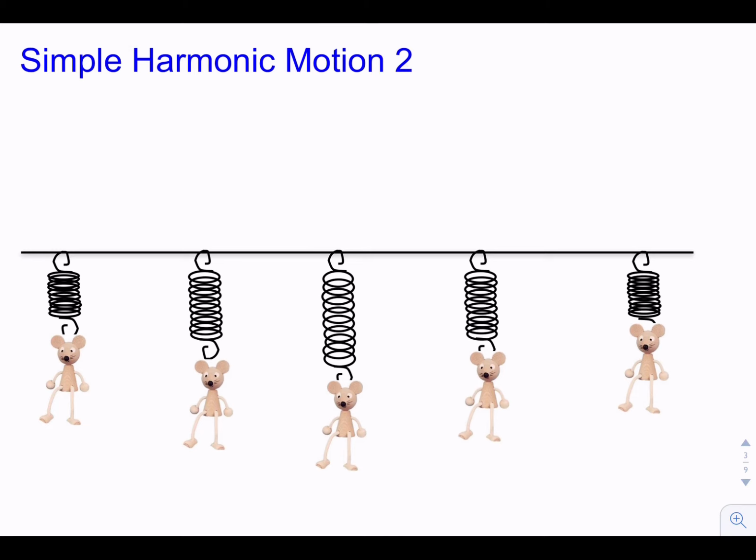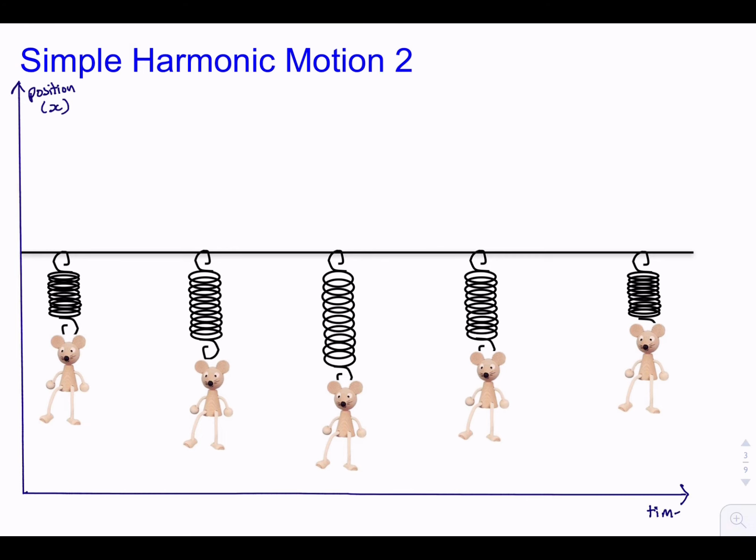So let's look at finding an equation of x that fits what's happening for our bouncing mass on the spring. Here's a series of pictures of the mouse. Let's plot this so we have a position axis here, this is our x, and a time axis here. At the first position here, the spring is the most compressed, and our mouse is at position A. We can add an A on the axes.